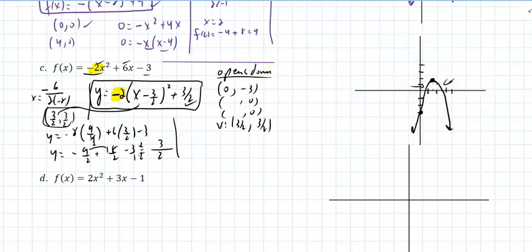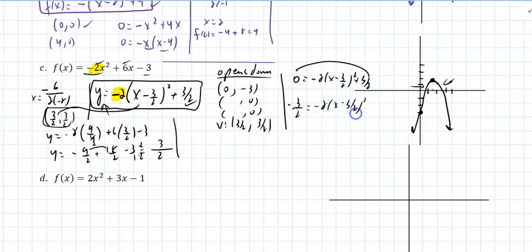If I am to say, set that equal to 0, 0 equal negative 2 into x minus 3 halves squared plus 3 halves. Well, negative 3 halves equal negative 2 into x minus 3 halves squared. The beauty of this, it's always a square. So I could always isolate the square, divide by negative 2 both sides, or multiply by negative 1 half. That will be 3/4 equal x minus 3 halves squared.